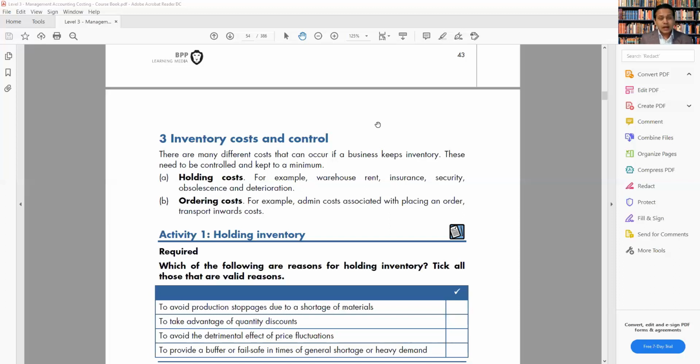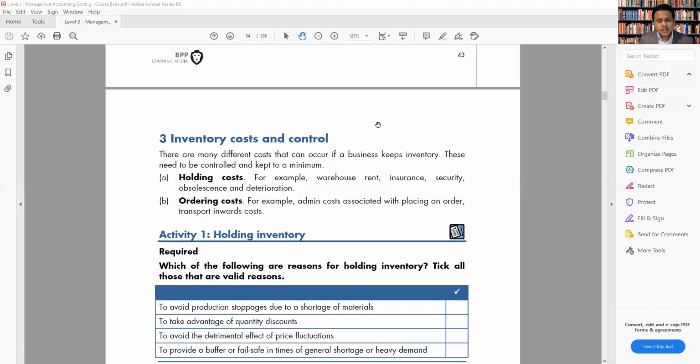that will increase a lot of holding cost. Now, buying a lot of raw material at the same time, there are some advantages as well. For example, if you tell your manager, I want to buy 100 kilo of raw material at the same time rather than buying 20 kilo each time.